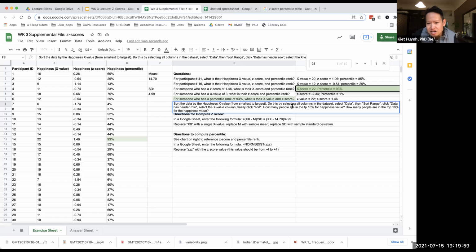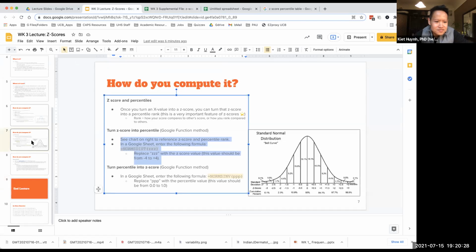Do this by selecting all columns in the data set, then select data, then sort range, then click data has a header row, then select the X value column, finally click sort. And the question is, how many people are in the top 10% for happiness value? How many people are in the bottom 10% for the happiness value? Just change that on there.